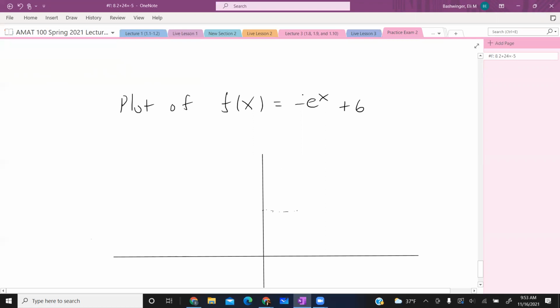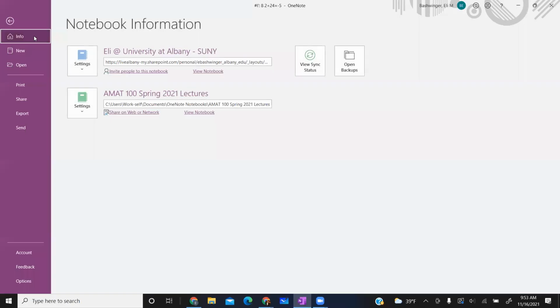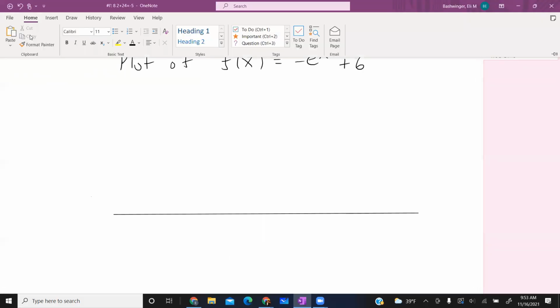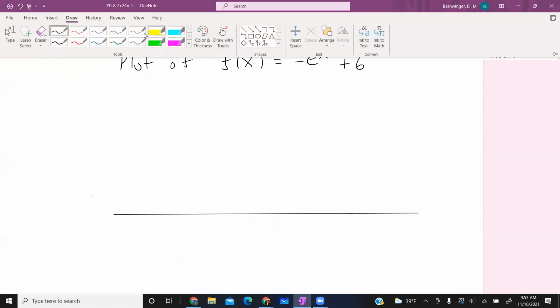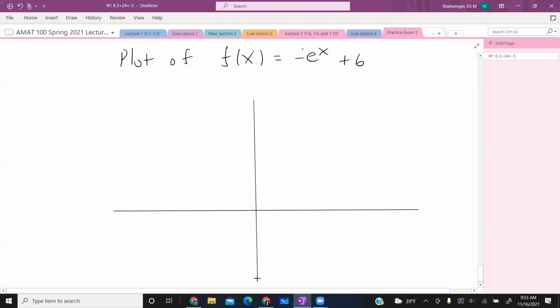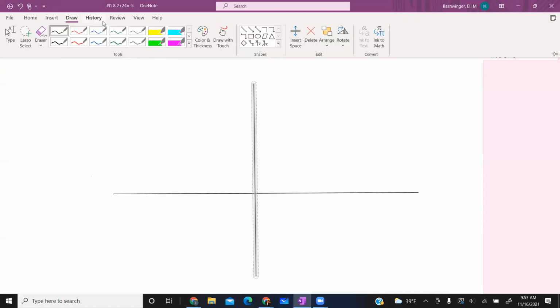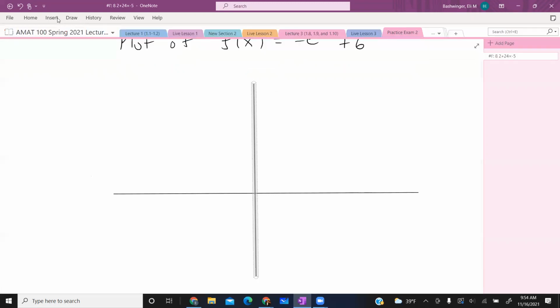So maybe it goes about here. Actually, I wonder if there's a dotted line. All right, let's redo that. Is there some sort of dotted line? Probably not. Nope. All right. Anyways.